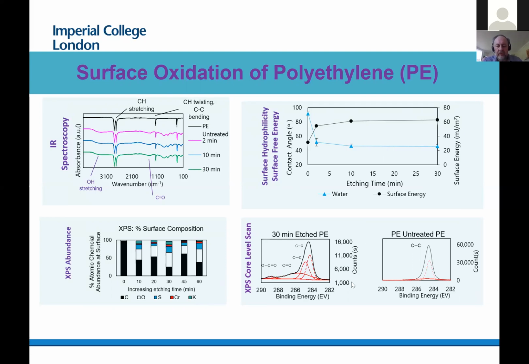If we look at the image to the left, we can see the surface chemistry of the material after 30 minutes etching in chromic acid. What you can see is that the spectra, which was a single peak at the start, has now stretched quite a bit to the left. The small extensions on the left that we've highlighted with these red curves represent the presence of carbon that's connected to other chemicals, and to be specific, it's connected to oxygen chemicals.